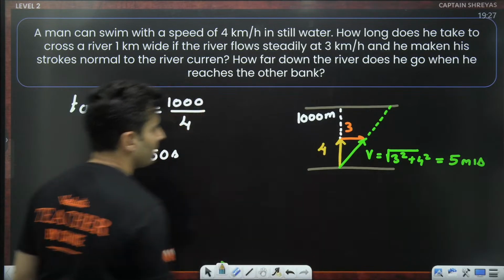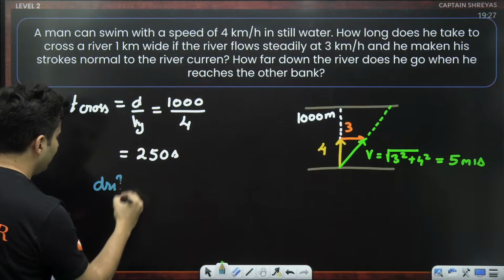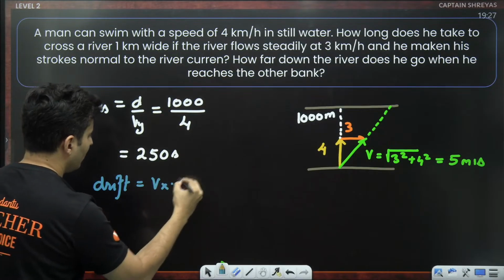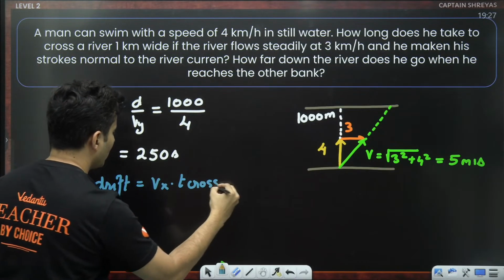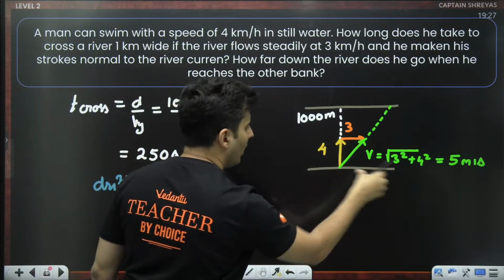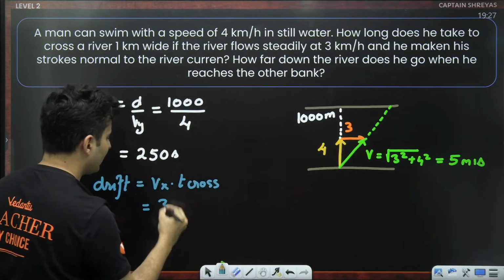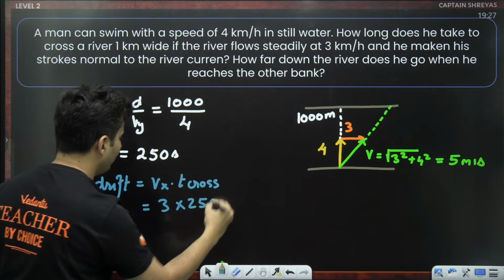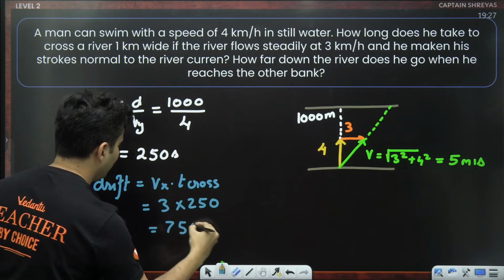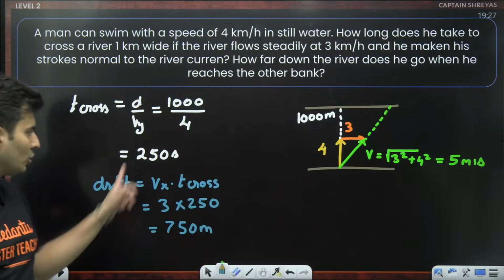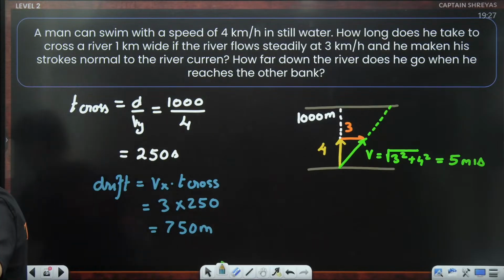That is the first answer. If you ask me how much is the drift, it is horizontal velocity into the time taken to cross. The horizontal velocity is 3, x velocity, time taken to cross is 250. So hence it will be 750 meters. 250 seconds and 750 meters is the answer. Cool, everyone?